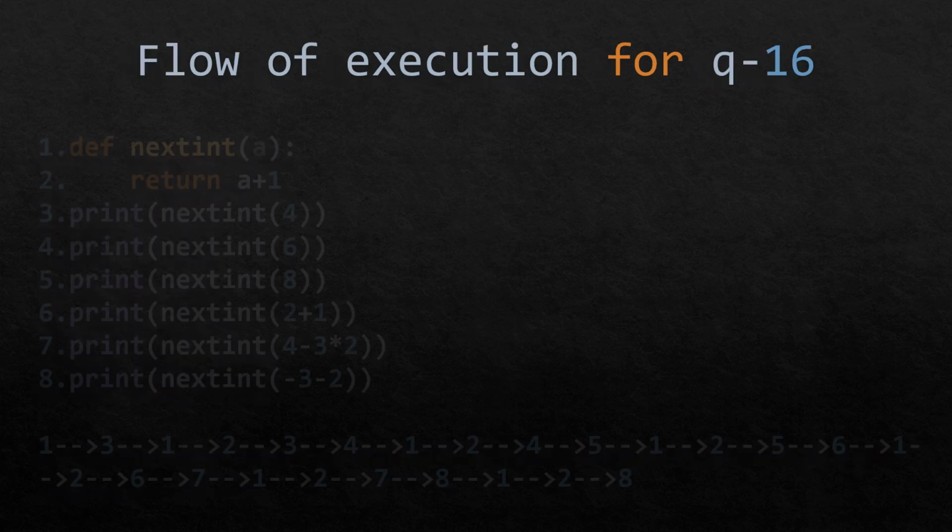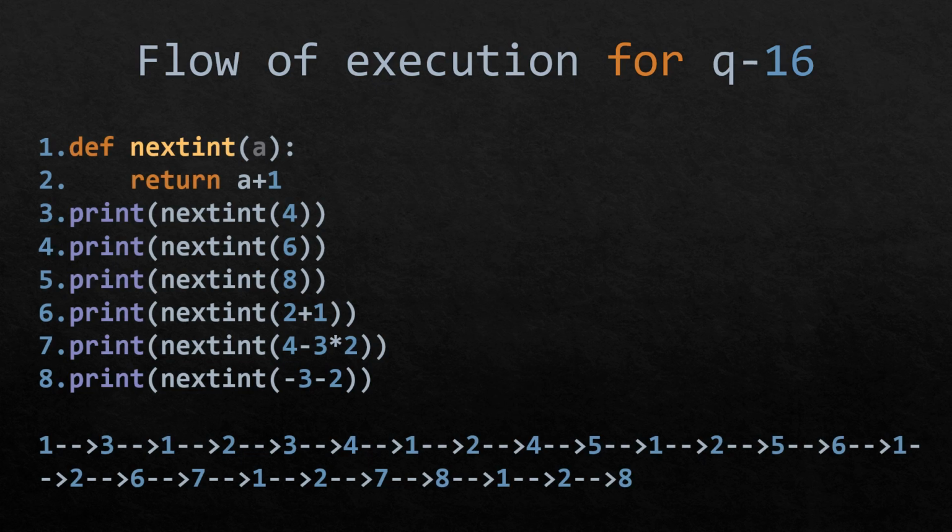Now the flow of execution for question number 16 is like this. Here the function contains one return statement. So the first line will be executed, where the function is defined. It will skip the definition part and go to line number 3, where within the print statement the function is called.